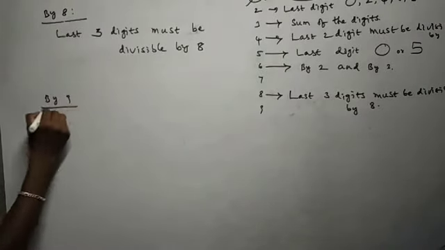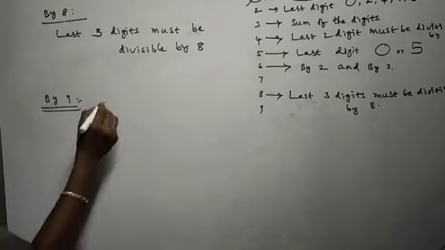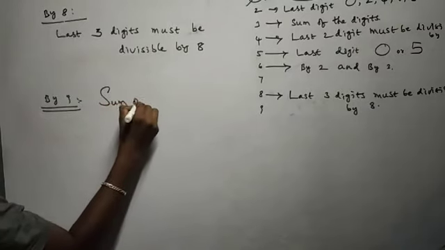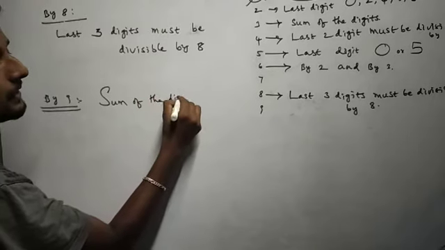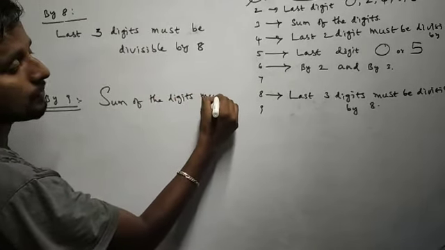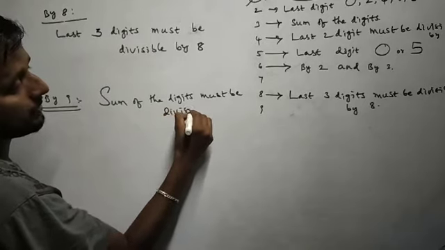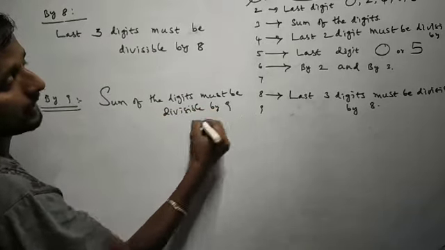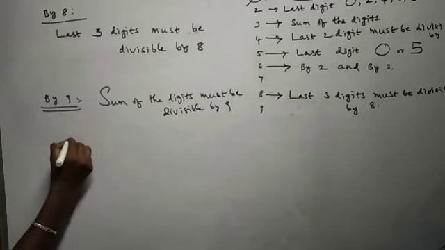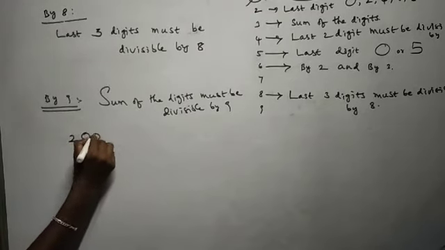Okay. What about 9? The rule for 9 looks like the rule for 3. Same condition: the sum of the digits must be divisible by 9. Let's see one example, 2001.